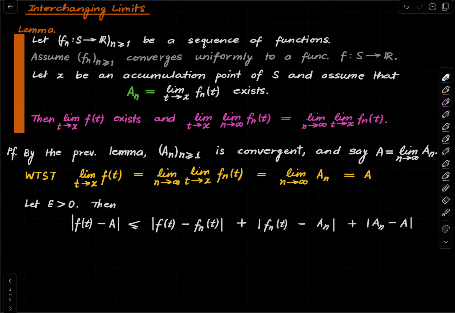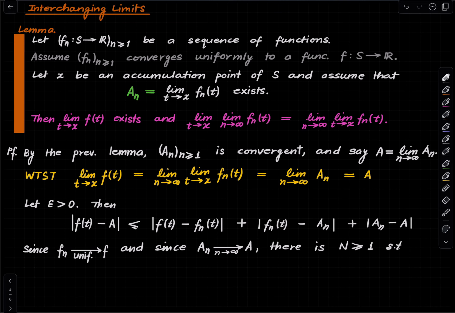So now, since this convergence is uniform and since a_N converges to A, there is some capital N such that whenever we choose little n larger than that, or at least that, and we choose any point in the domain, because of uniform convergence, we will still have the following two estimates.